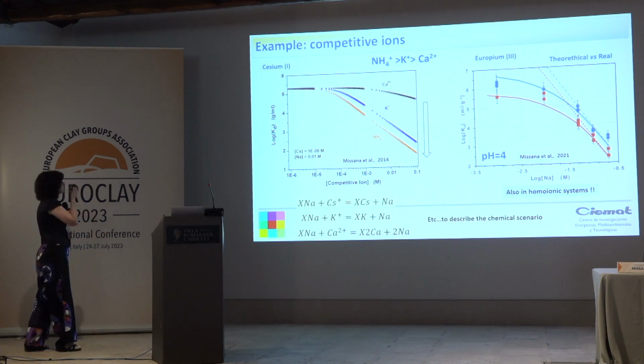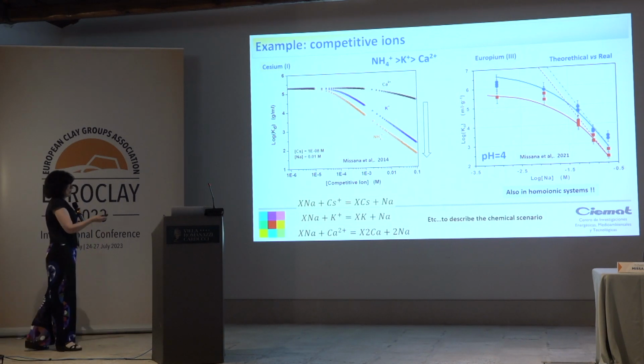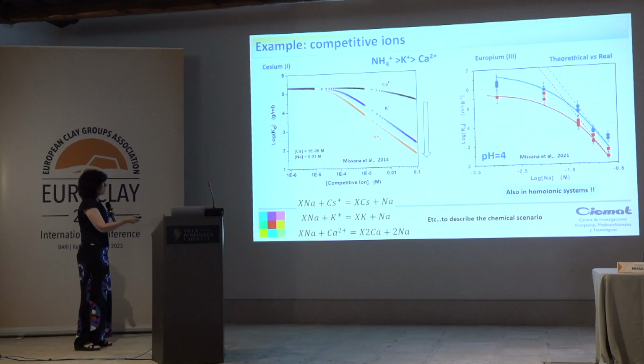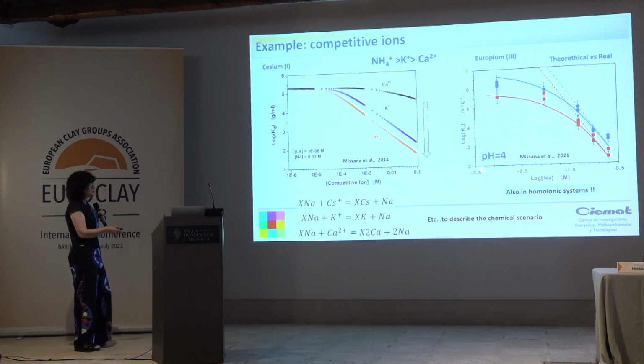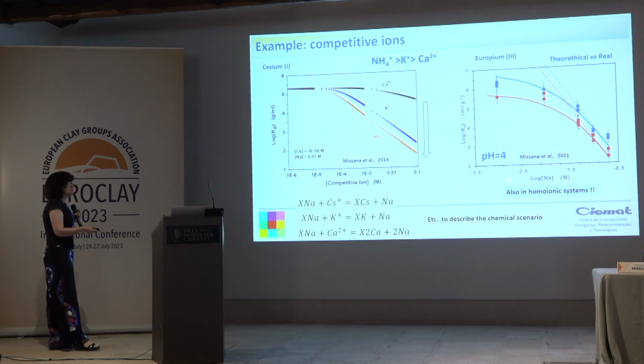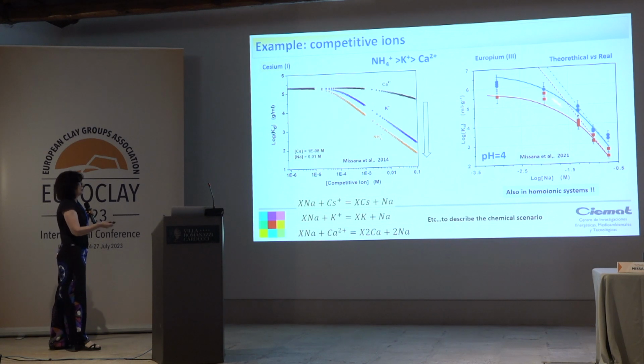This is an example of competitive ions. I will start with europium here. The sorption of europium is in general very high, but if we consider the region in which cation exchange is predominant, the dotted line is the theoretical value of the logarithm of Kd with respect to the logarithm of the salt present.